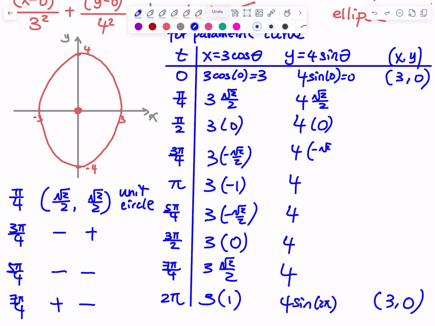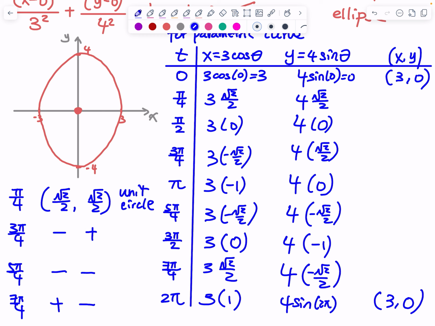Okay, I'm sorry, that is a positive root 2 over 2. And then at pi, y is equals to 0. And then at 5 pi over 4, y is equals to negative root 2 over 2. And then 3 pi over 2, y is at negative 1. And then at 7 pi over 4, y is negative root 2 over 2.